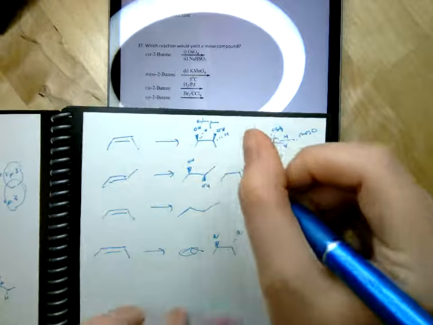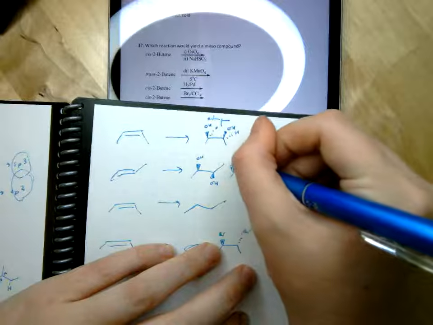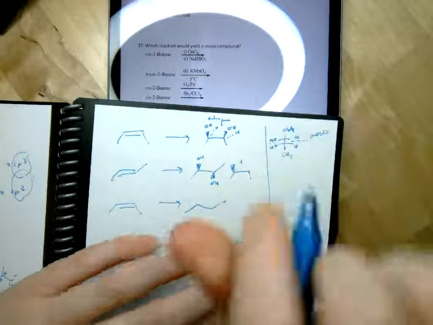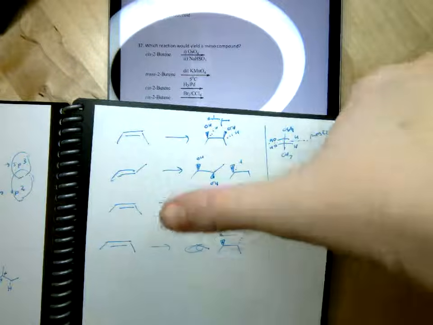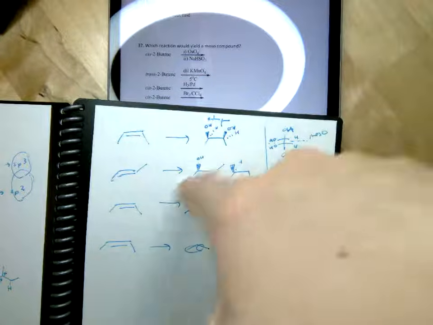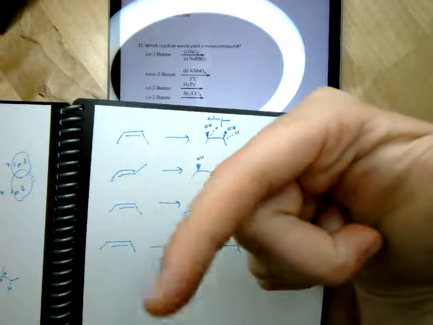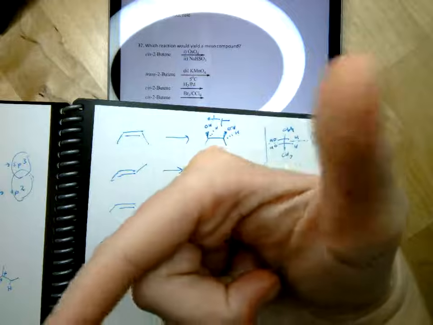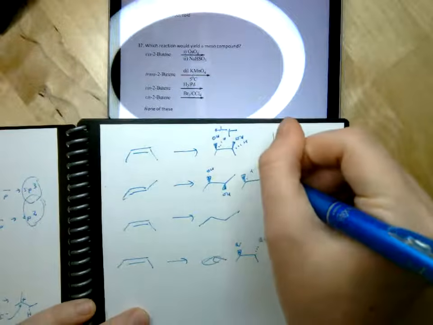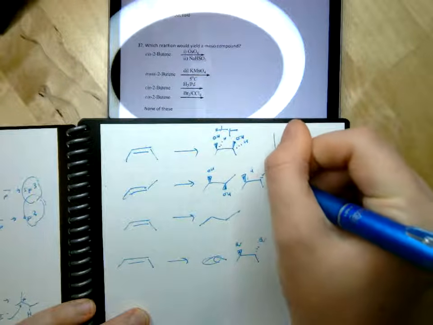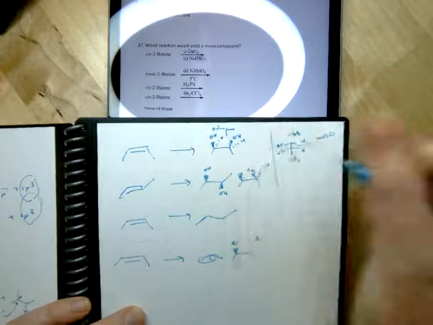Okay, so I'm going to switch this to be in the easier to visualize meso form, where if this alcohol is pointing towards me and pointing down and I rotate it, the alcohol is now pointing backwards. So the alcohol is over here and the hydrogen becomes on a wedge.